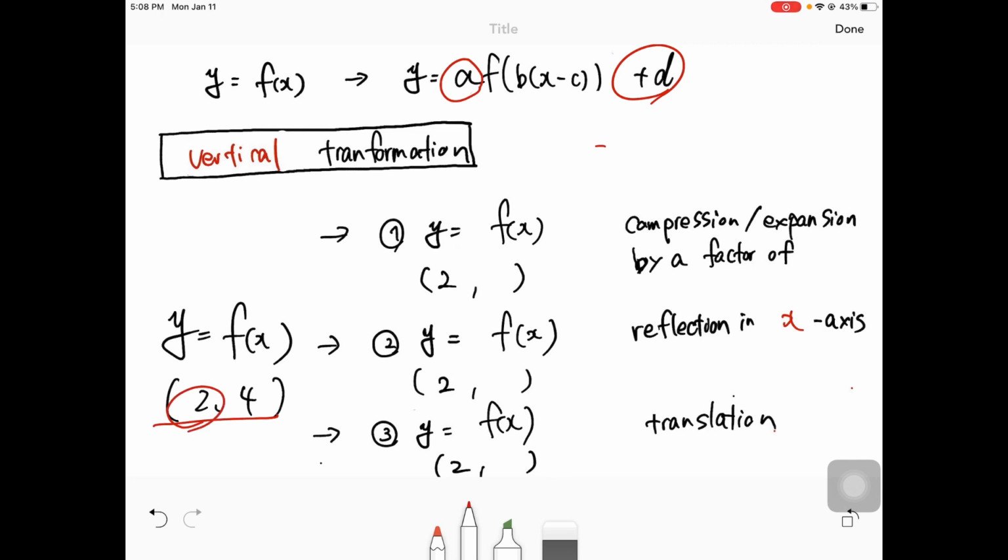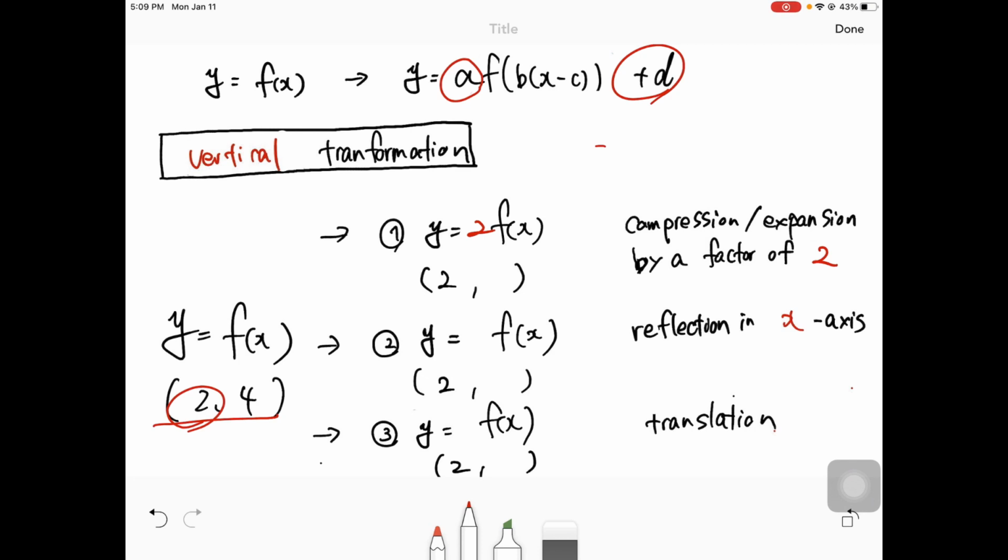So x value is not changed because of vertical transformation. So I put same value here. Okay? The first transformation is, let me put the value here. If some value multiplies f of x, this means vertical compression or expansion by a factor of 2.